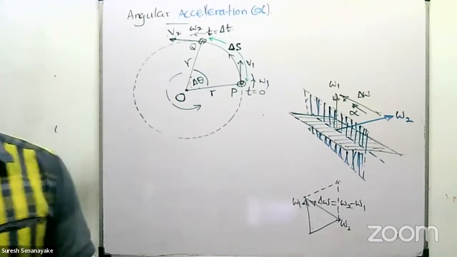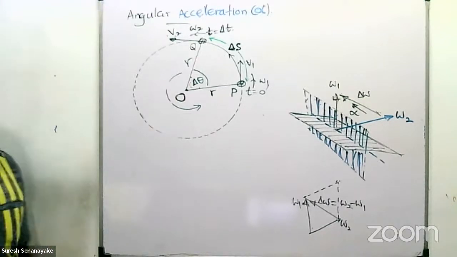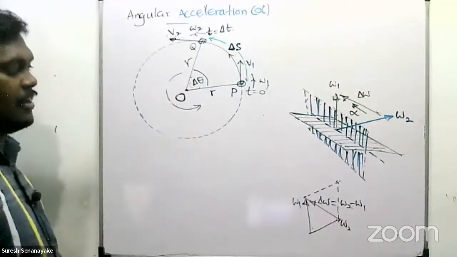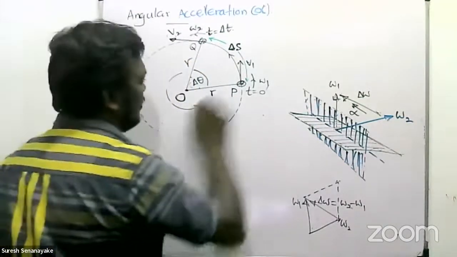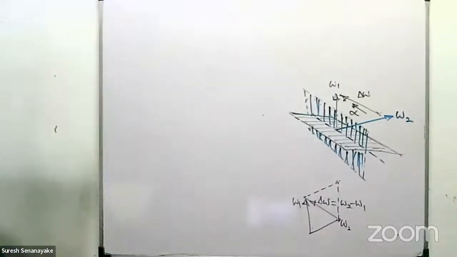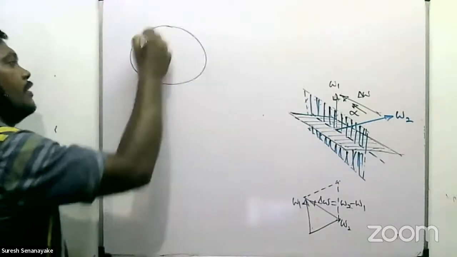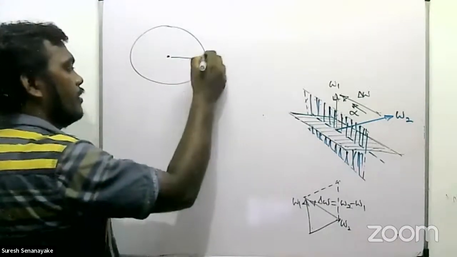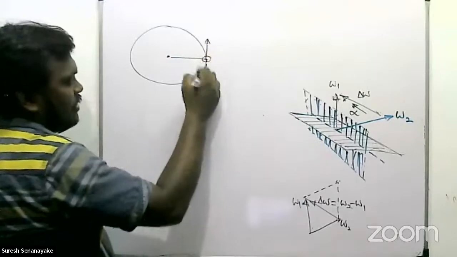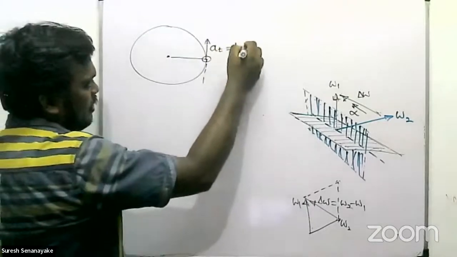The relationship between angular acceleration and tangential acceleration. The acceleration in the tangential direction is in this way. There is a tangential acceleration.